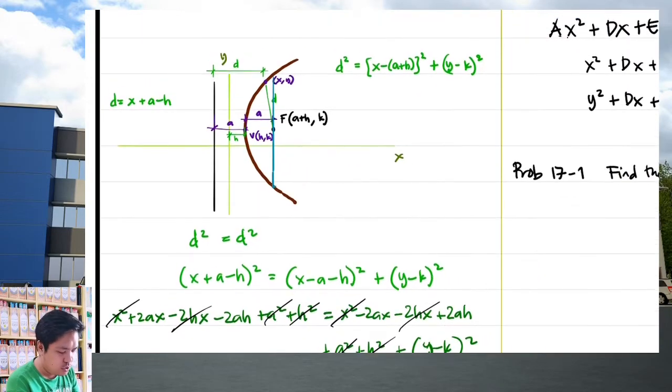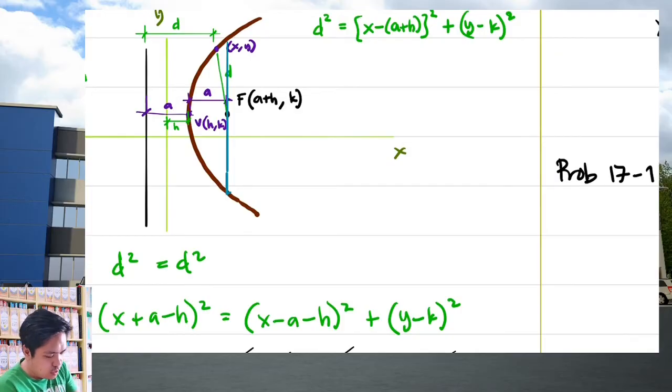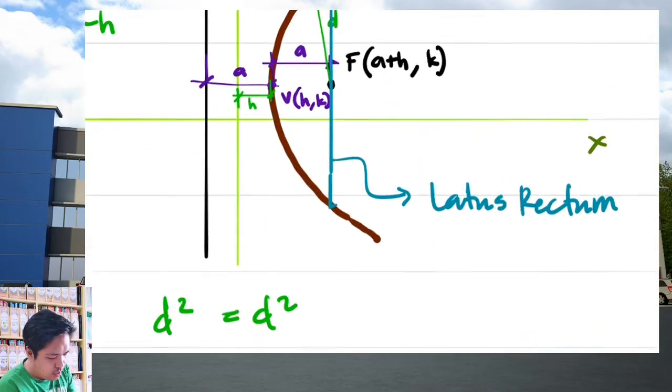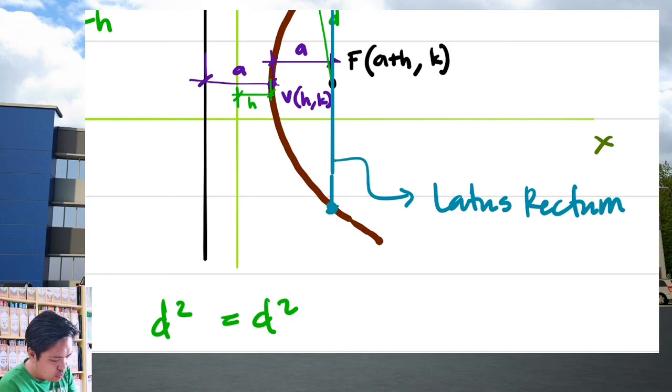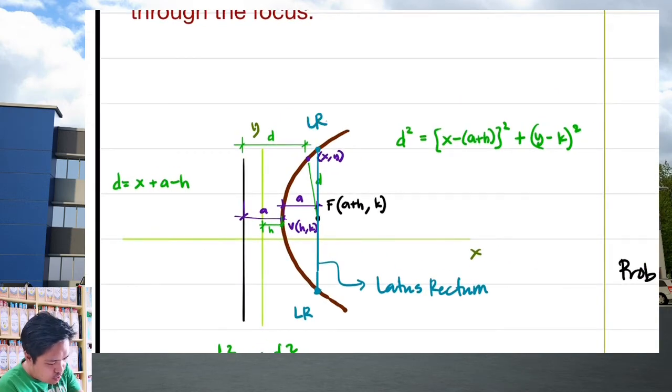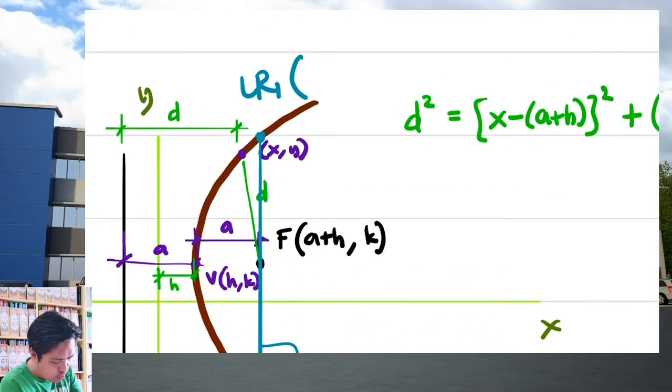So that's all. Let us label this. This is the latus rectum. Now the ends of the latus rectum, let's call this LR. If we call this one LR1, that would be located at the abscissa of the focus, or the x coordinate of the focus, but located at 2a above its ordinate.